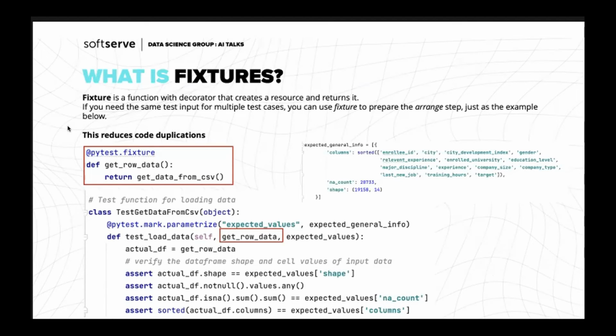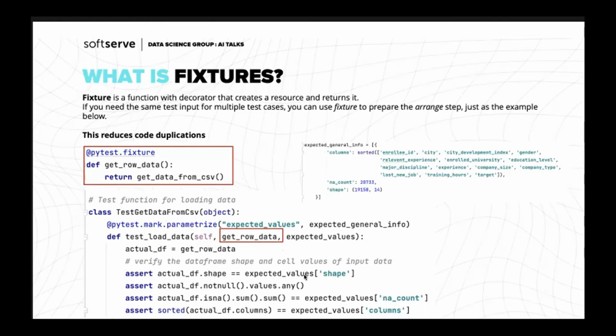In this case, I don't need to call get data from CSV in each of them. I just need to define a fixture in one place, for example, get raw data, and as a return value, I just call the function get data from CSV, but inside of a test, I just set the fixture get raw data, and it will automatically return data which I will test and validate by different tests.